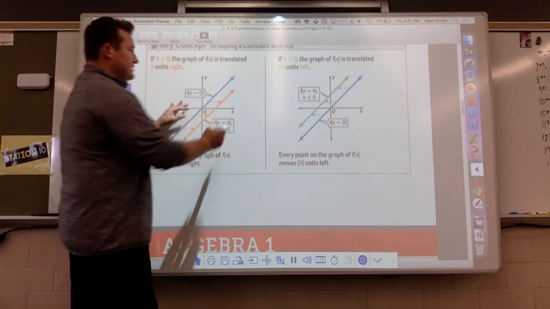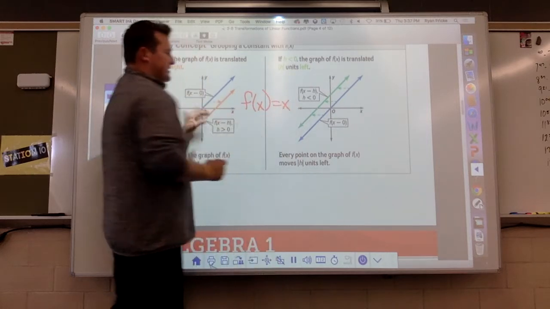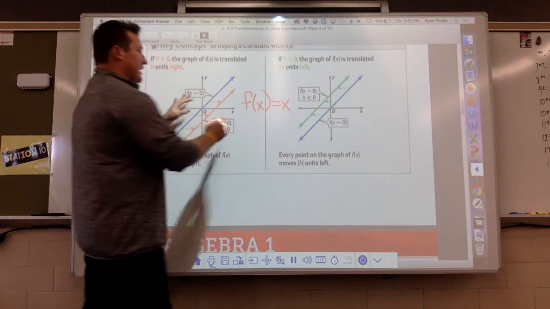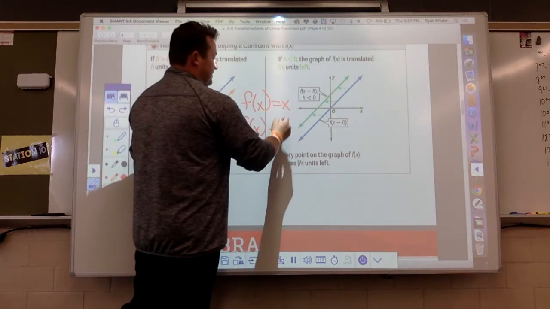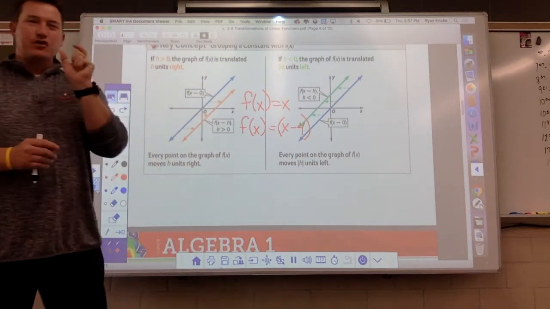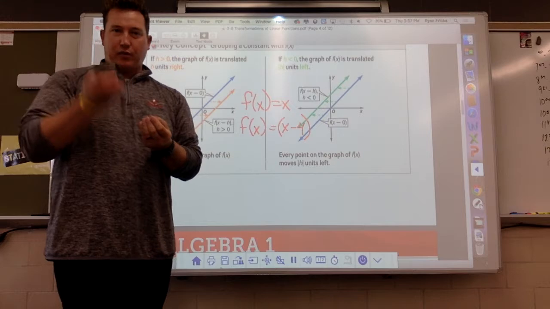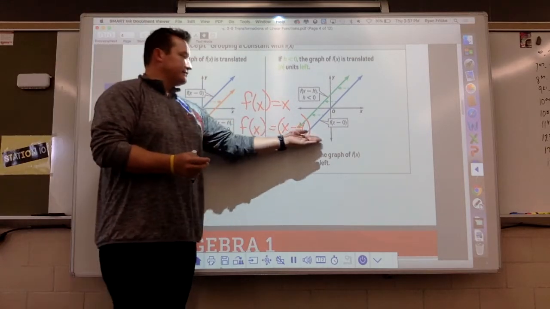Okay, so let's say we have our function, f of x equals x. Great. And they said, hey, tell me about this one. And it says x minus 4, right? How are those related? You've got to be careful with where parentheses are with all this stuff, folks. Because here's the deal.